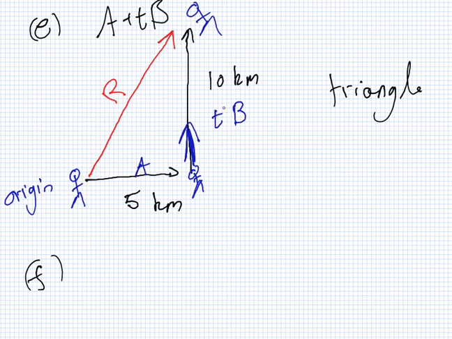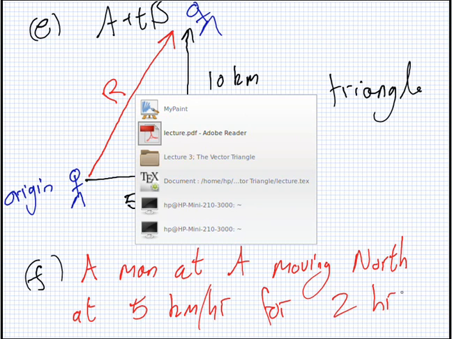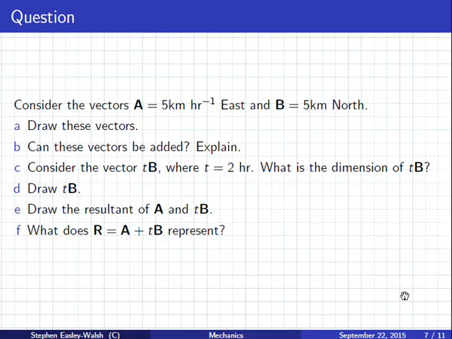The answer is, I would say, a man at A moving north at 5 kilometers per hour for 2 hours. Okay, I'll go back to the slides. Don't even bother writing that down. I just want you thinking, that's all.